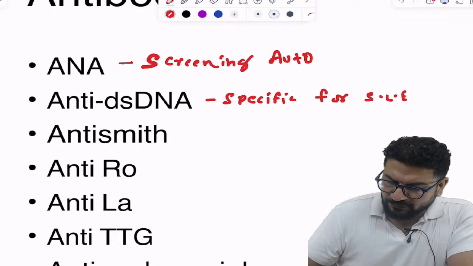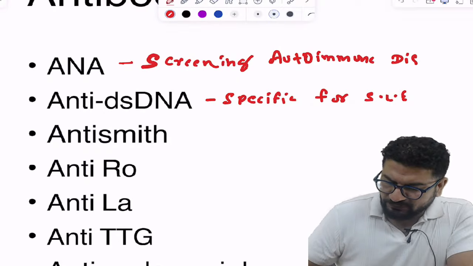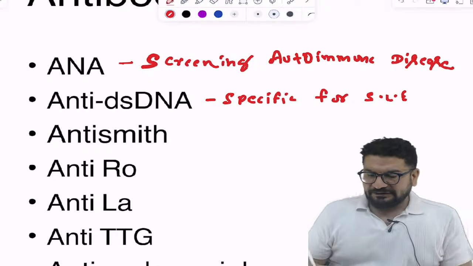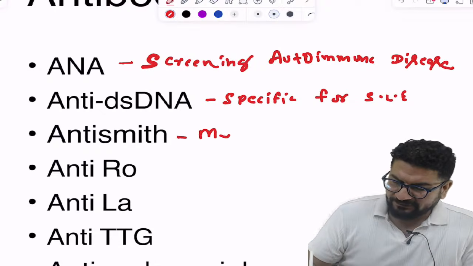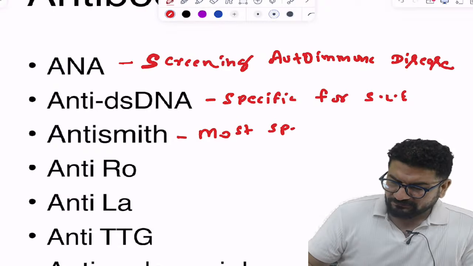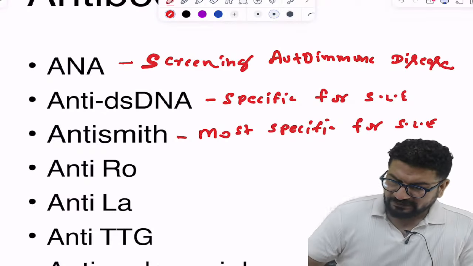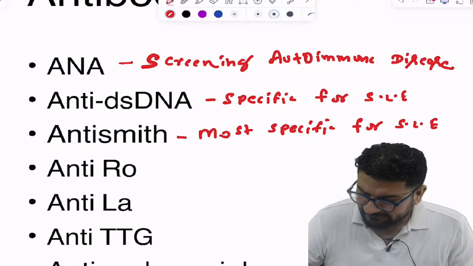Whenever you want to screen some autoimmune disease, अगर आपको autoimmune disease को screen करना है, then what do we do? ANA. Anti-Smith is considered the most specific antibody. It is most specific for SLE.